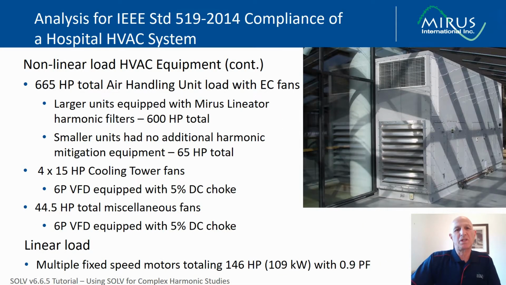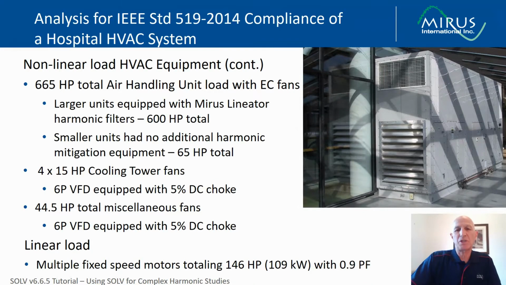Other loads included a total of 665 horsepower of air handling units, which were equipped with highly efficient EC fans. The larger of these units had Mirus Lineator harmonic filters that totaled about 600 horsepower.